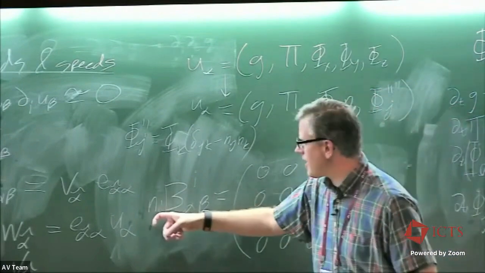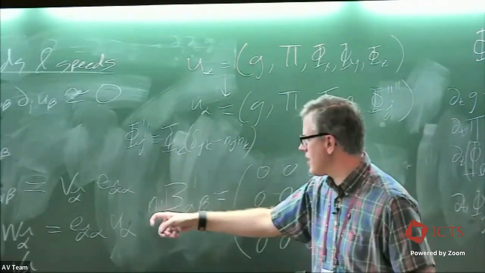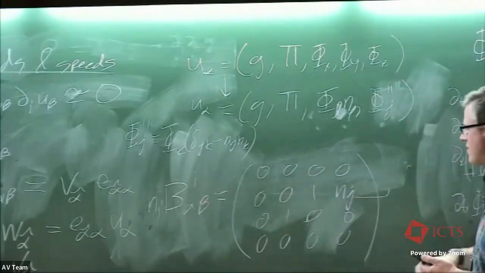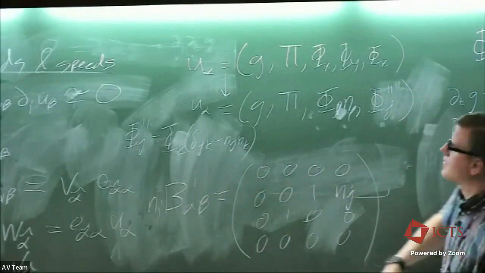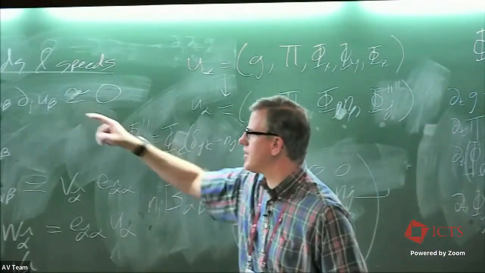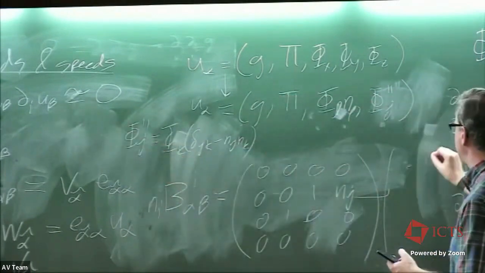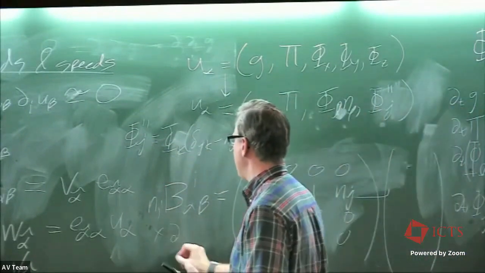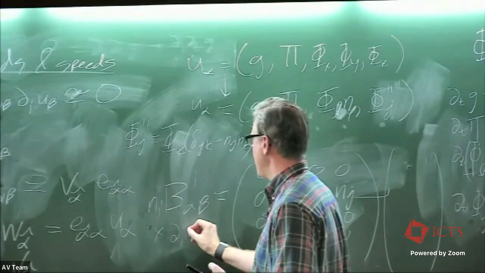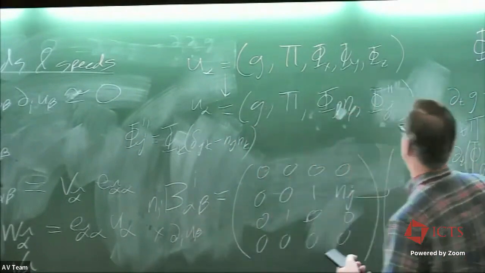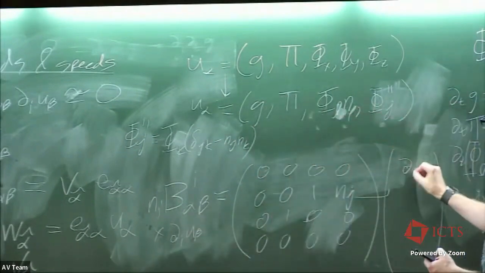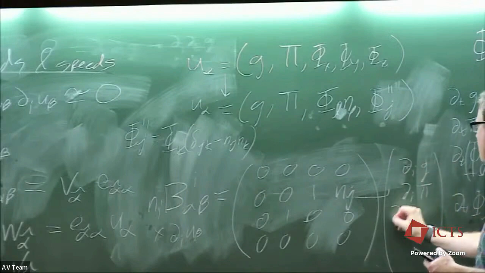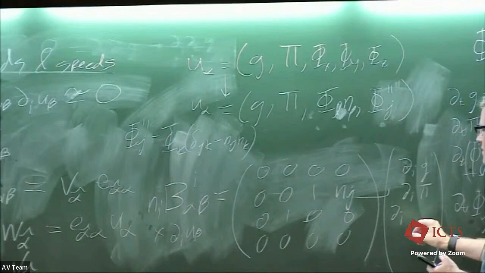We've taken the normal component of B, so there's no more spatial index there, but the reason there's a j here is because this B is multiplied by the derivatives of your variables. If you were to take this B and multiply it times partial I u beta, with our variable choice, that would be partial g, partial pi, partial of the normal component, and then partial phi parallel k.